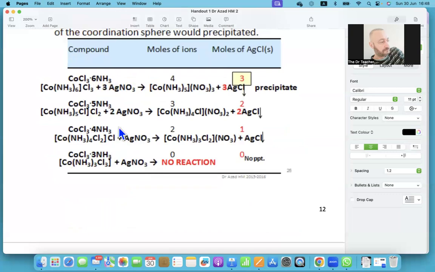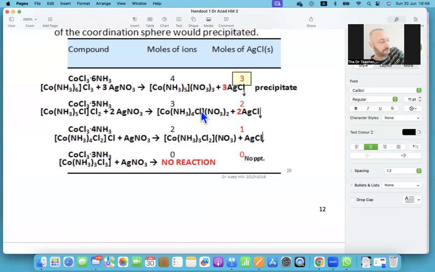Now we come to the next one. If you introduce 2 moles of silver nitrate to this compound here, cobalt 5 ammonia chloride and 2 outside chloride, in this case you end up with 2 silver counter ions outside with the nitrate, and inside you have cobalt 4 NH3 chloride.